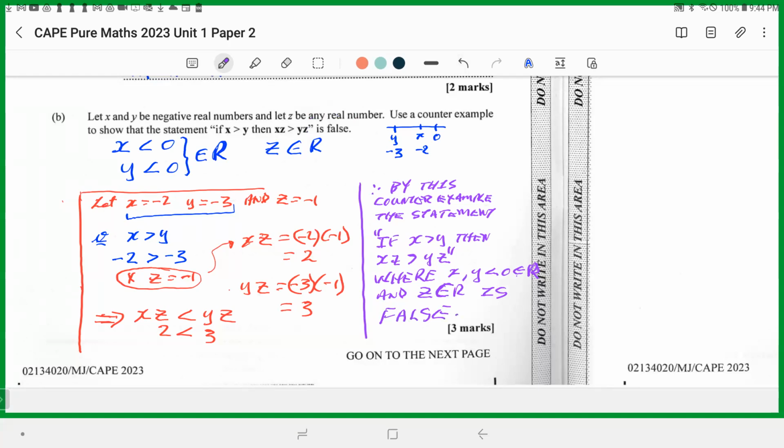Something like that. This will be good enough. I don't remember the exact way to present it and stuff, but that is it.